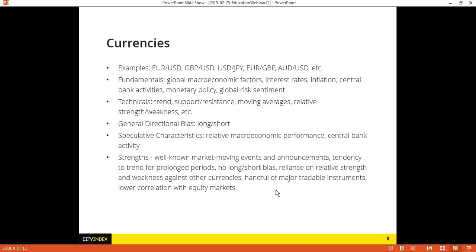This could be a good thing or a bad thing. In terms of there being only a few tradable instruments that are really worth trading in the currency markets, these would probably be the majors and some of the major crosses. The majors being euro dollar, dollar yen, pound dollar, and dollar Swiss, as well as some would say Aussie dollar and dollar Canada.